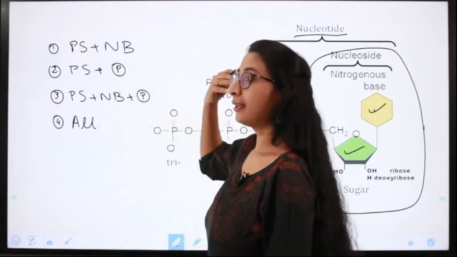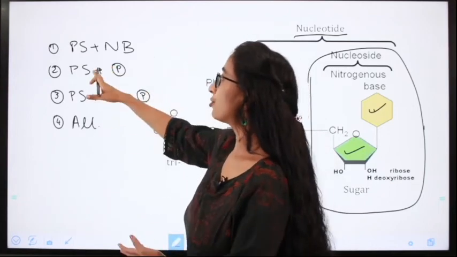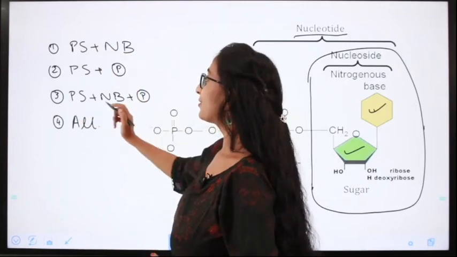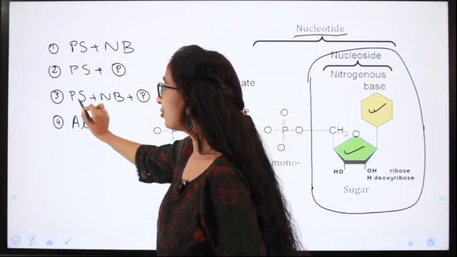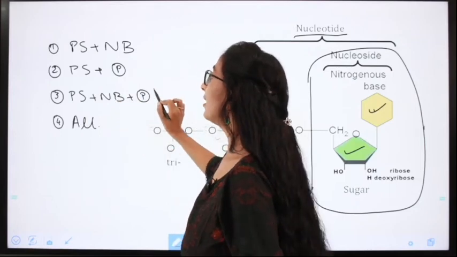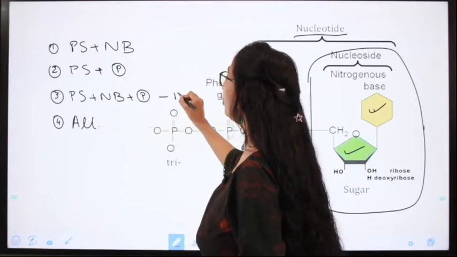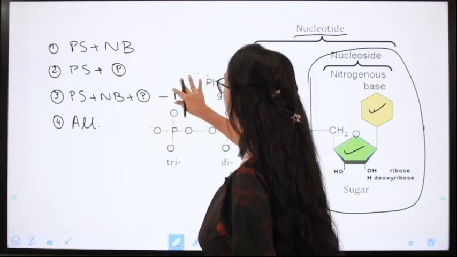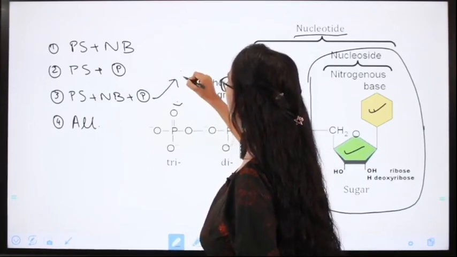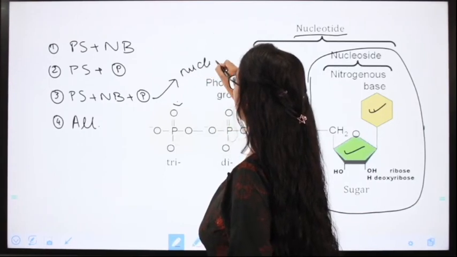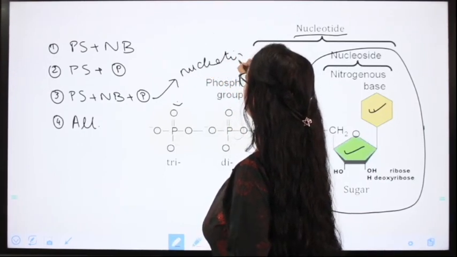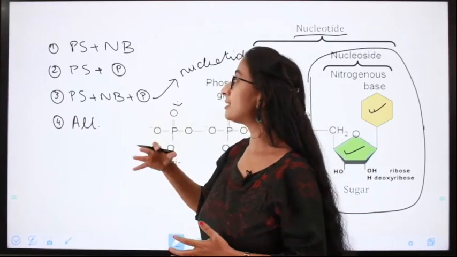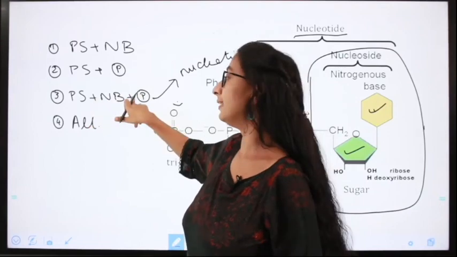So now you might get a confusion whether it is pentose sugar plus phosphate or pentose sugar plus nitrogenous base or all the three. So all these three, that is pentose sugar plus nitrogenous base plus phosphate group, is a nucleotide. It is not a nucleoside. Okay, so if the question is which one is a nucleotide, then this will be the answer.